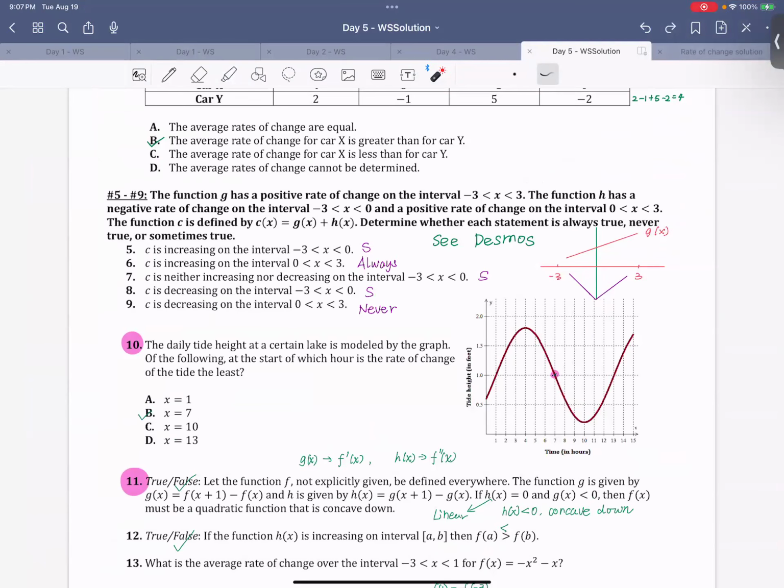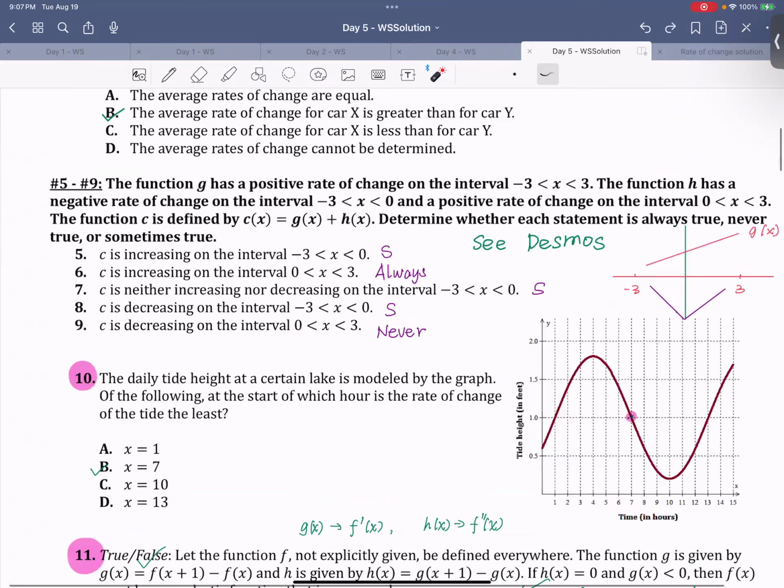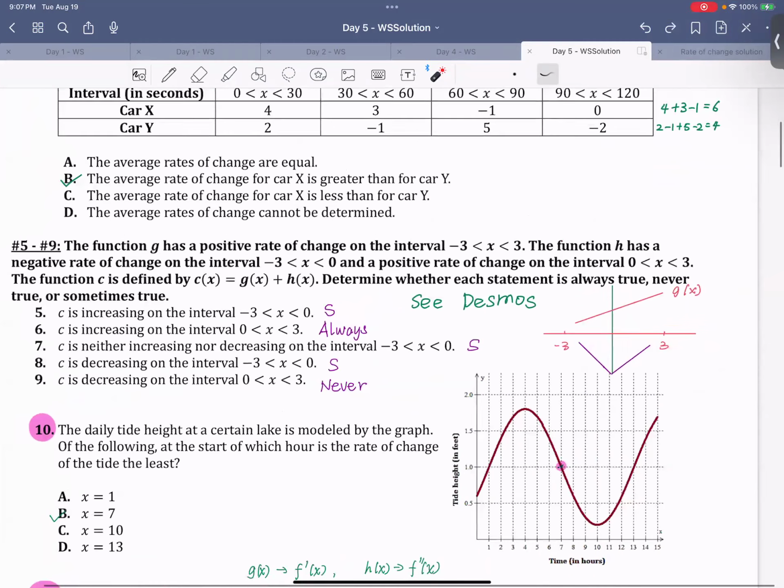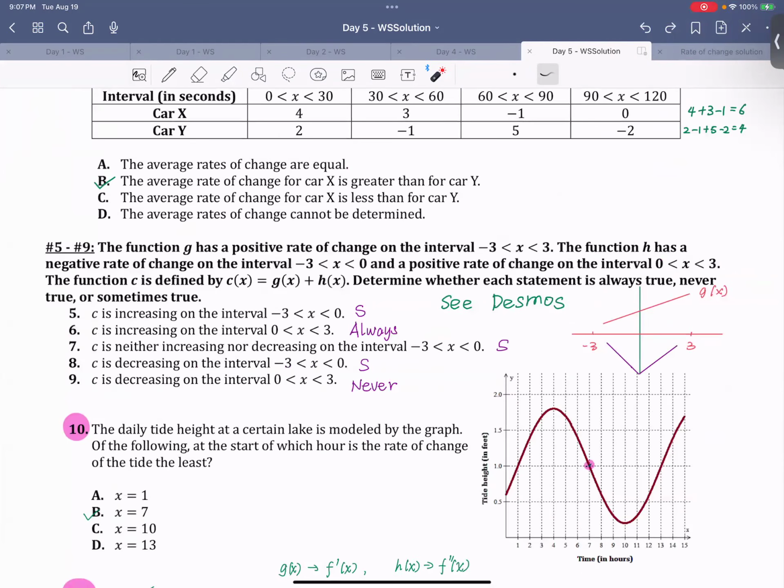Hopefully tomorrow's quiz you have the same question and all of you should be able to get 100. Any question? If you see this question the first time in the test, how do you feel?